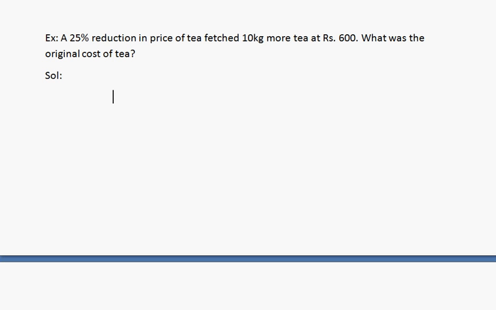Initially we got certain kgs of tea at rupees 600, right? Let the original cost of tea be x, right?